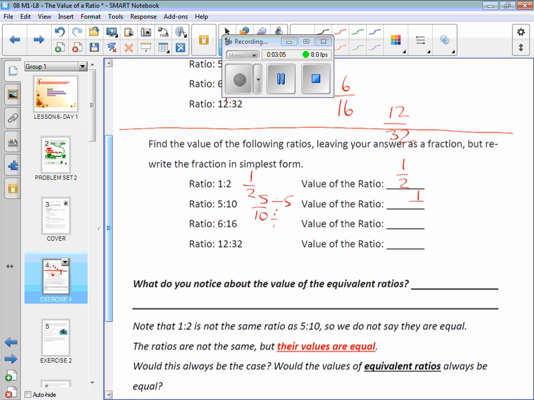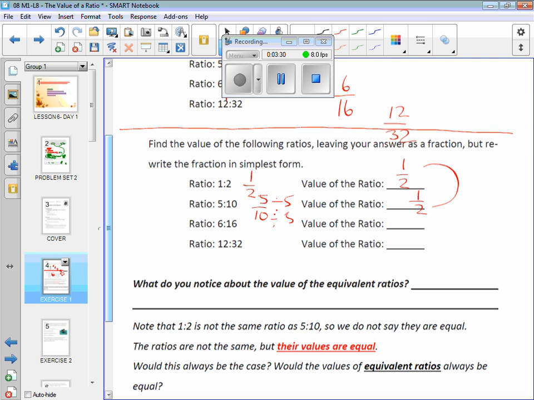Not an uncommon mistake, by the way. I've seen that. Everybody wants to do any number divided by itself is always 1. It's not 0. 5 divided by 5 is 1. What's 10 divided by 5? Ready? The given ratio, 5 to 10, the value of its ratio is 1 to 2.